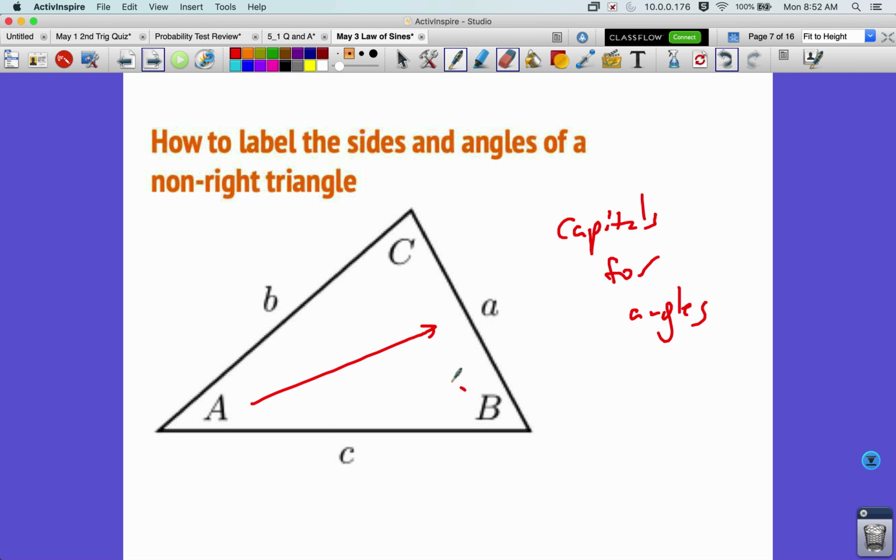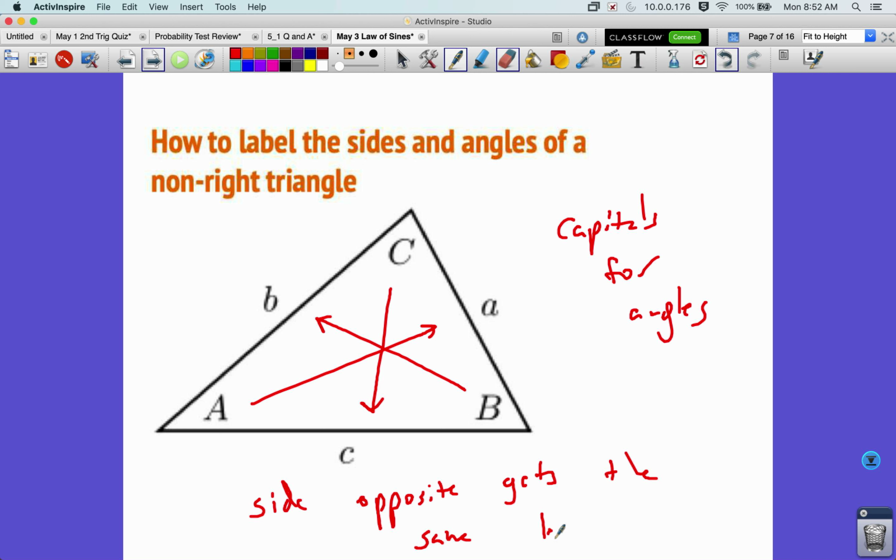And then, the side opposite gets the same letter. So opposite of capital C is lowercase c.